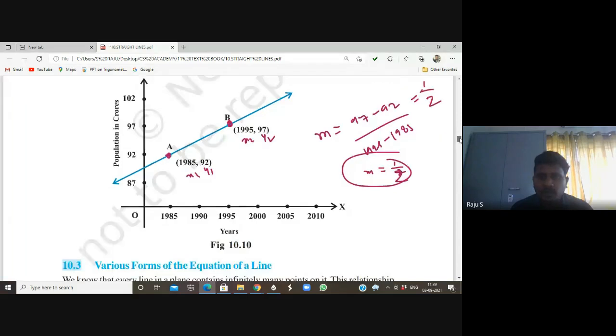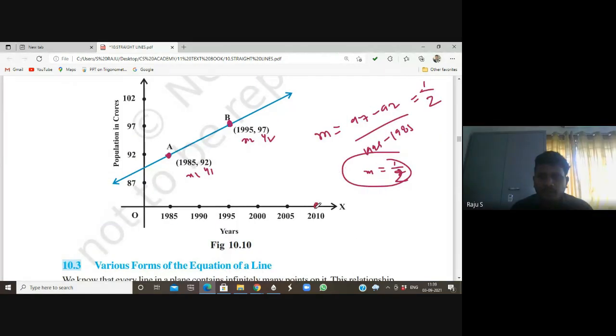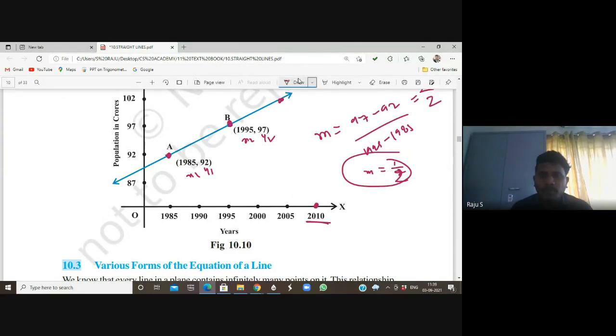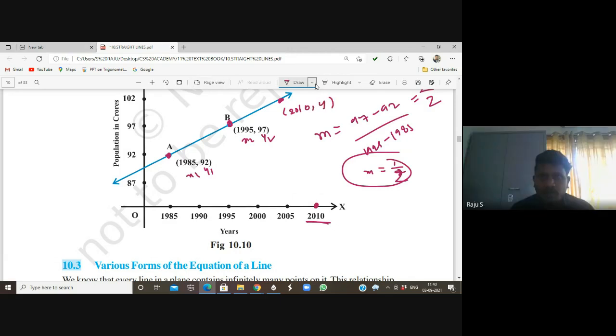What about the remaining, students? They are asking the population in crore when the year is 2010, and to find the slope of BC, sir. Let C be the point (2010, y), sir. Yes, exactly. You can take the y coordinate as y. So this is one of the points. We have to find the y value.